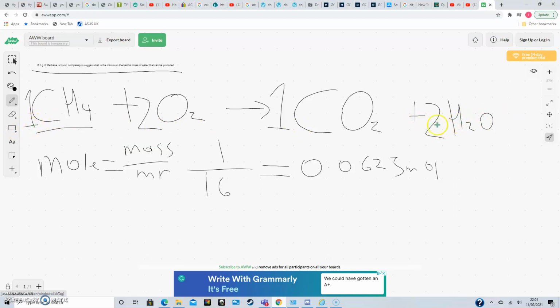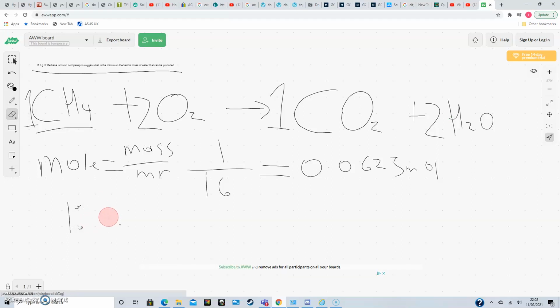If there's a 1 here and a 4 here, it'd be a 1 to 4 ratio. If there was a 4 here and a 2 here, it would be a 4 to 2 ratio. But this time there's a 1 and a 2. So in this equation, there's a 1 to 2 ratio. Let me make that 2 a bit clearer.